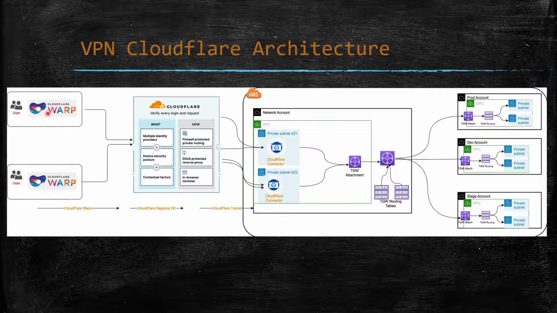Every client used to have one application running as a WARP client, and the moment you convert it into a zero trust registration, it will connect to your nearest Cloudflare data center, which will enforce all the Cloudflare policies and devices declared here. After that, we'll have a split tunnel between your Cloudflare data center and your AWS server. This was already demoed in the previous video. I'll share the link in the description.